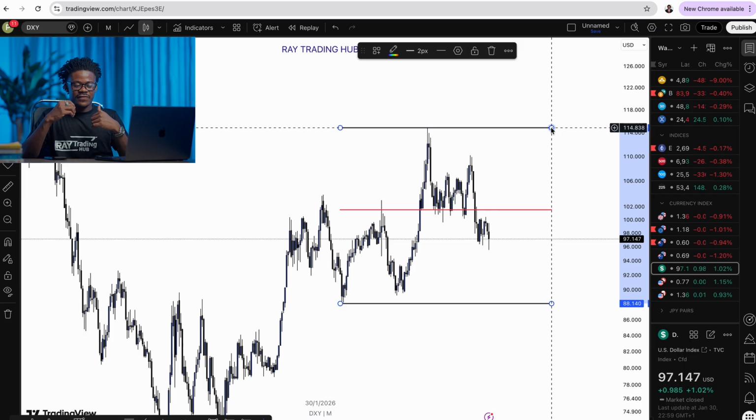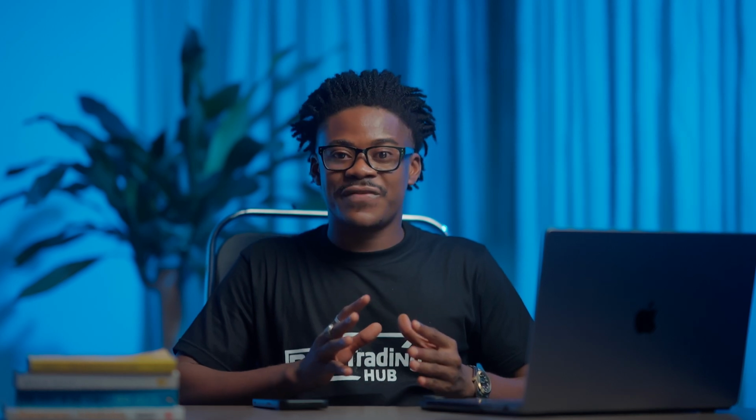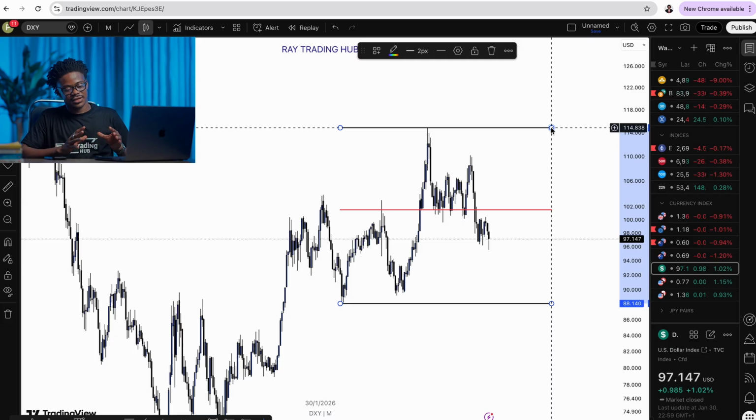Do you get? The fact that price is trading at a discounted price is giving us intel that price is likely to reverse to the upside. And what is that saying? If price is reversing to the upside from this level, that's telling us that other pairs that are trading opposite the dollar are going to be selling to the downside.